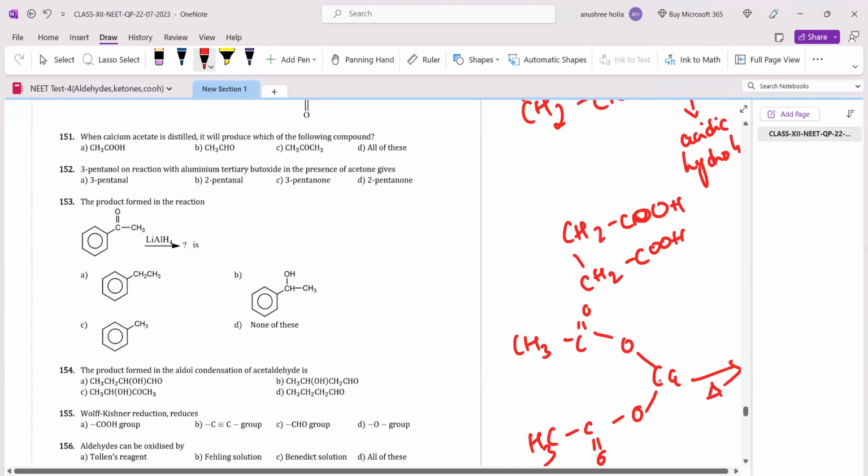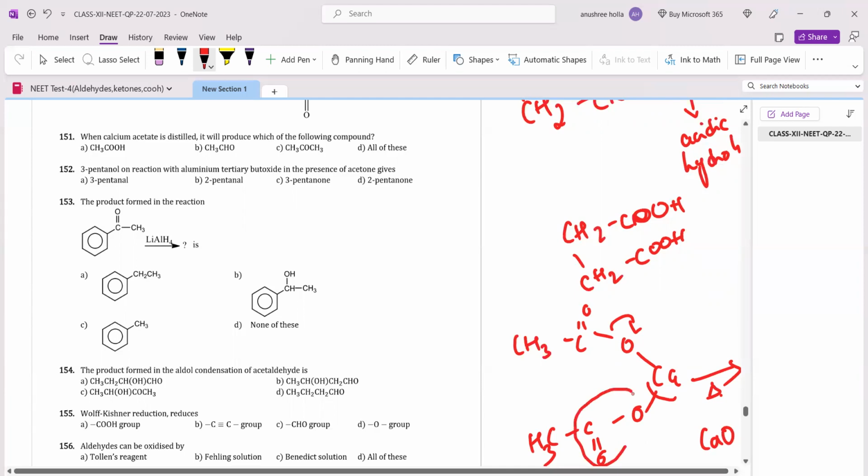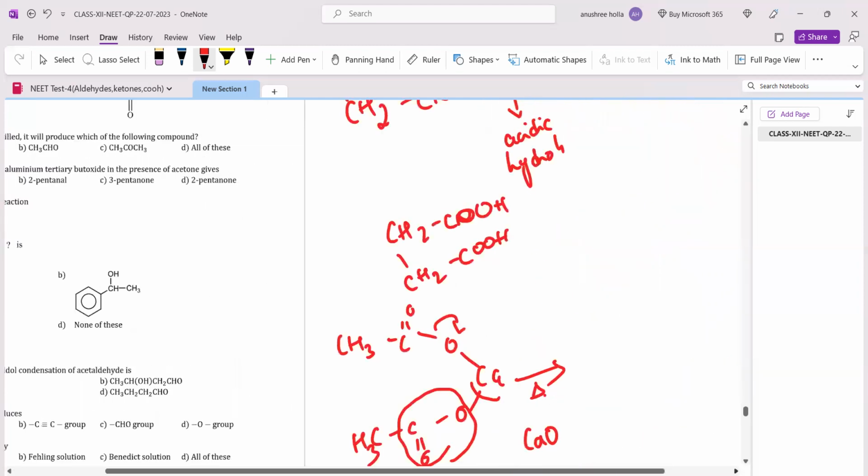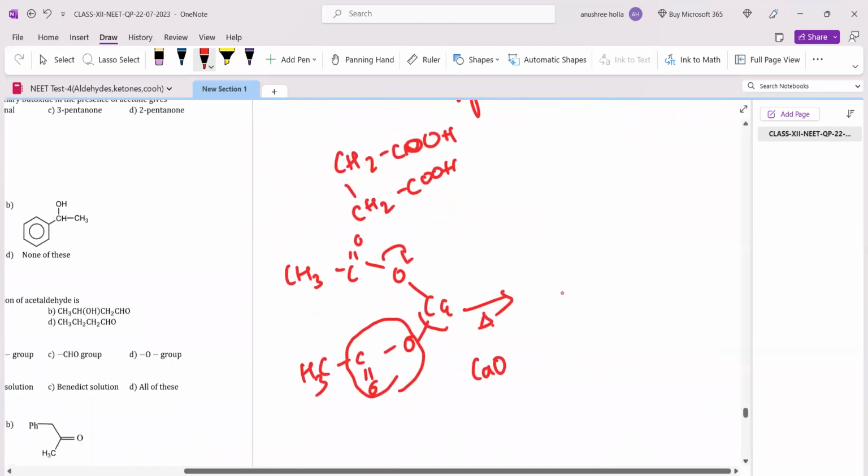Always remember, in this case, we'll get calcium oxide. This will take away this electron and form calcium oxide. And we have the possibility of getting carbon dioxide from this as well. One is calcium oxide, carbon dioxide, gone.